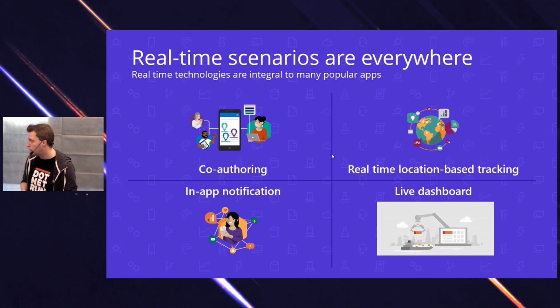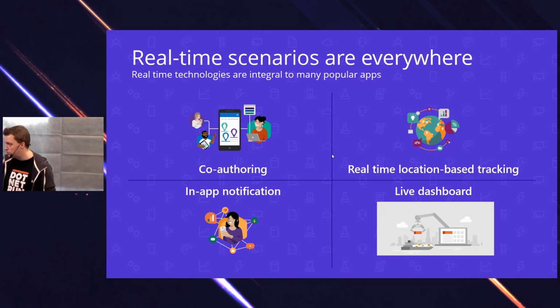They probably are. Other things like real-time location-based tracking. I came here with buses and metros and whatnot, and I noticed in Google Maps that locations of that stuff was updating in real time. Or maybe Uber, where you can see the car drive around. Those are scenarios that can totally work based off SignalR.